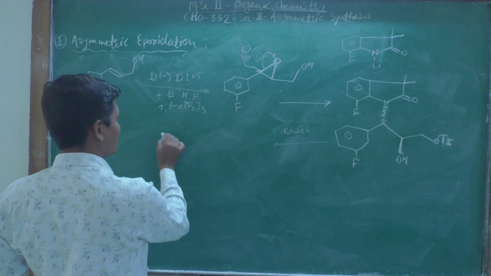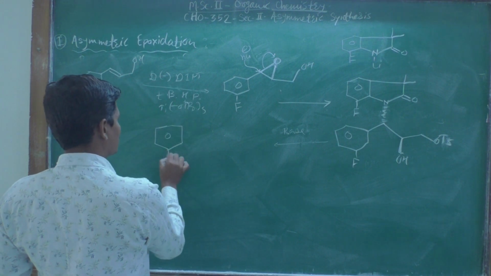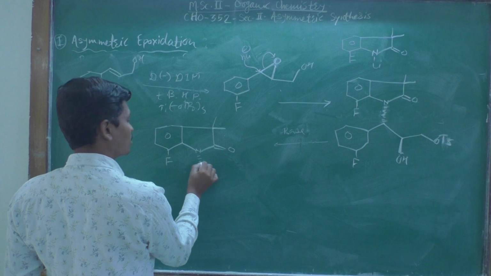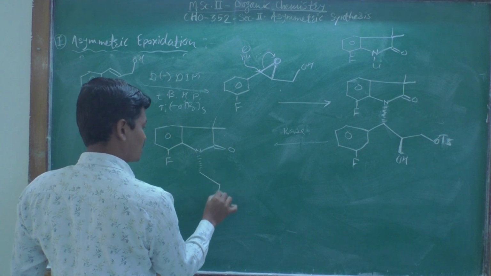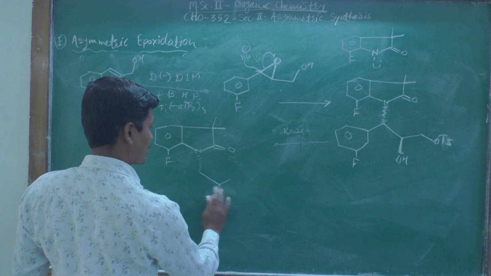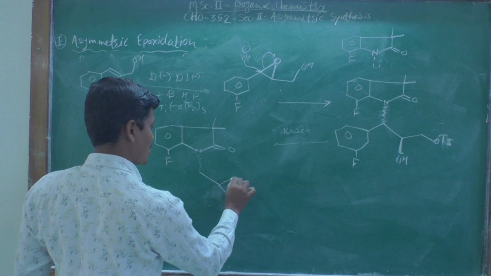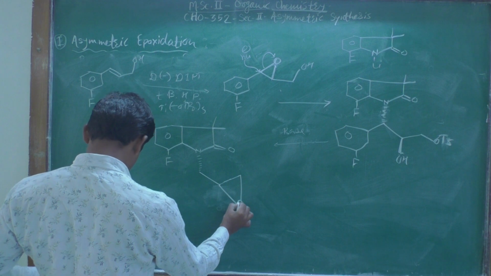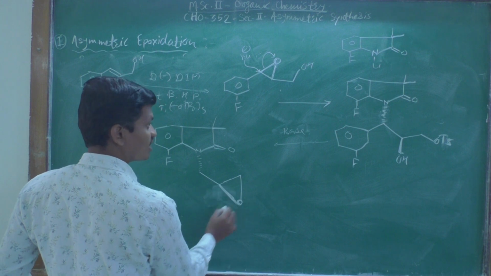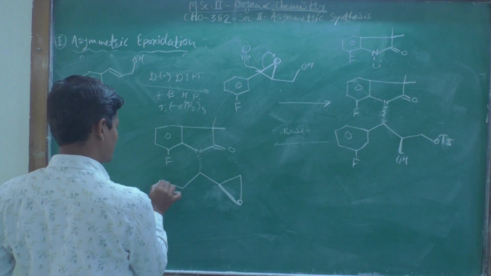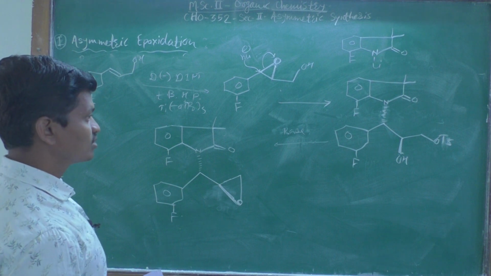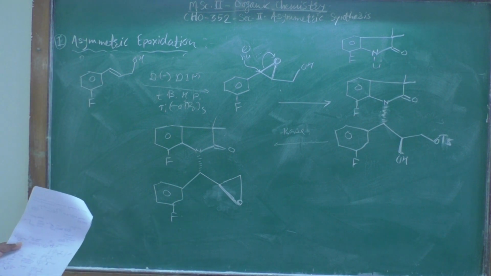So my product will be: fluorine, nitrogen, dimethyl, carbon oxygen double bond, and another epoxide will be formed here, which is beta, attached to the aromatic ring. So this is the situation.